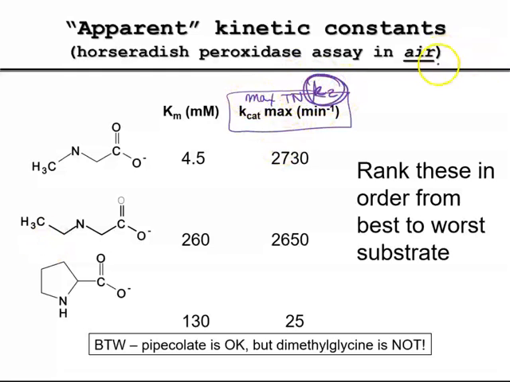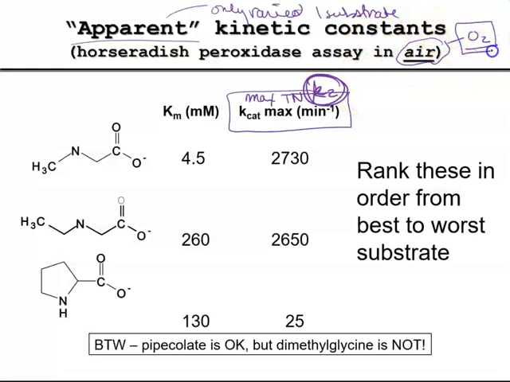And just one thing that I want to point out is that these constants are apparent because we have only varied one substrate. So remember that oxygen is a substrate for sarcosine oxidase, and in these assays, the concentration of oxygen was not varied. More about that in a minute.